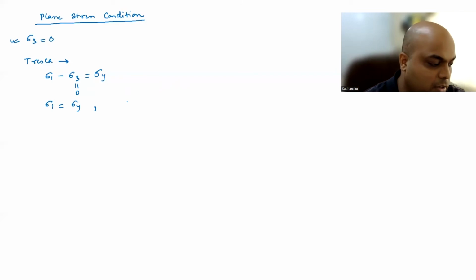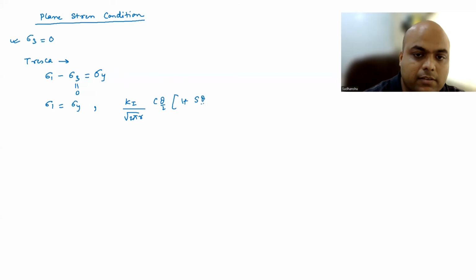Okay. Now sigma 1 we can write as K1 divided by root 2 pi r, cos theta by 2, times 1 plus sin theta by 2. This is going to be sigma 1.